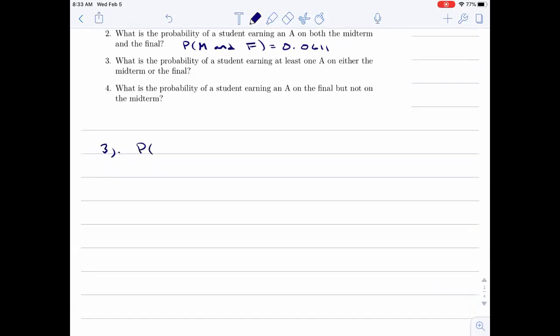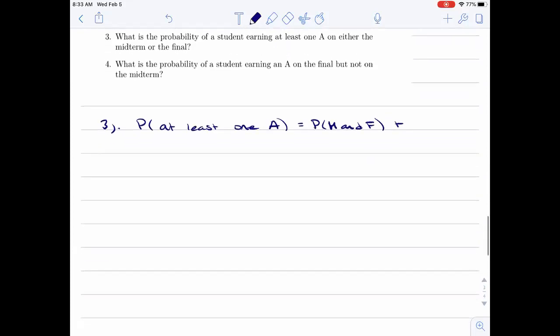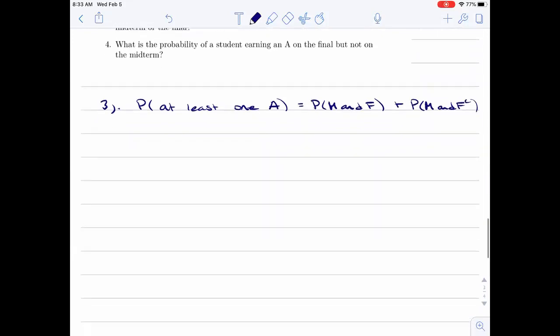The probability of at least one A is the probability of an A on the midterm and on the final, plus the probability of an A on the midterm and not an A on the final, plus the probability of not an A on the midterm and an A on the final.